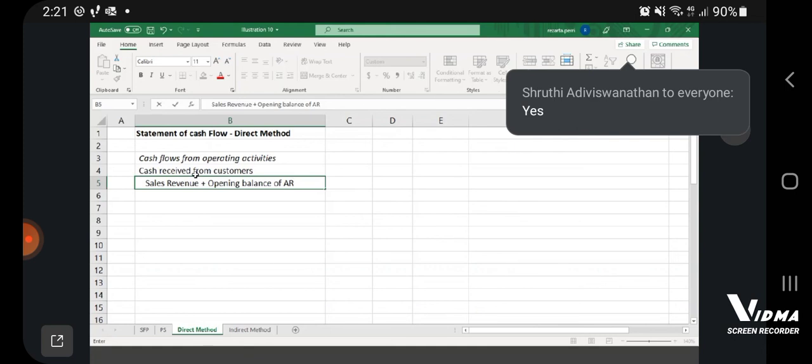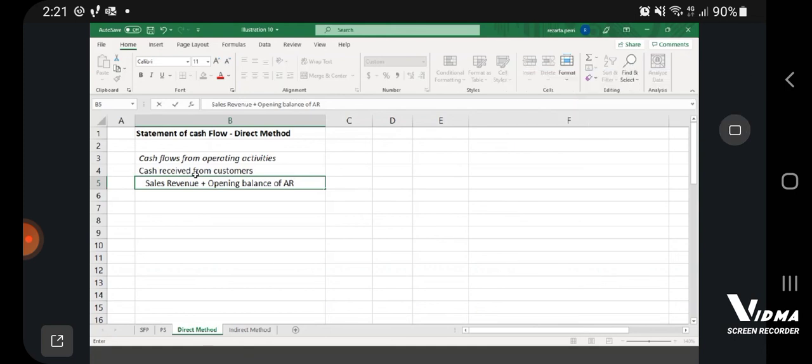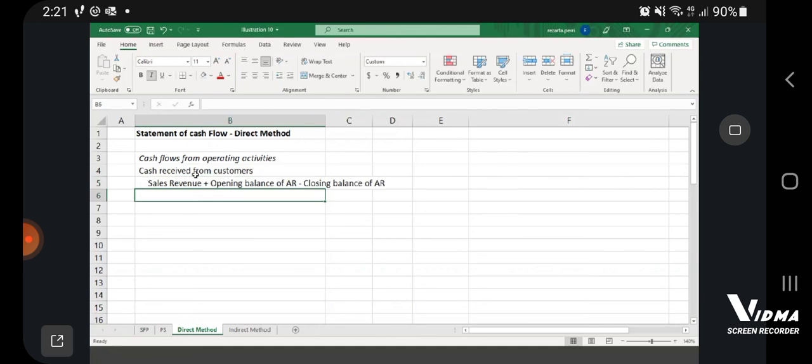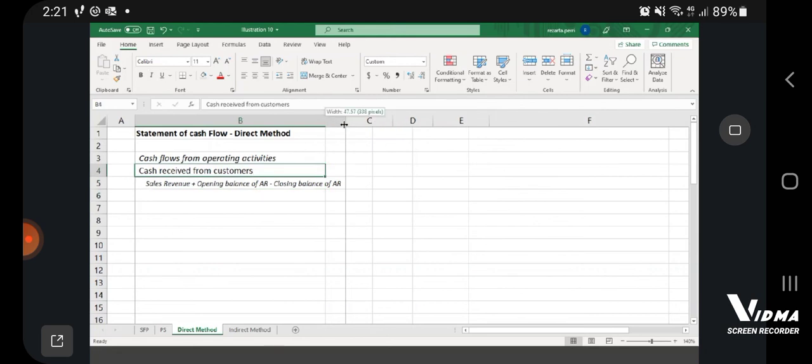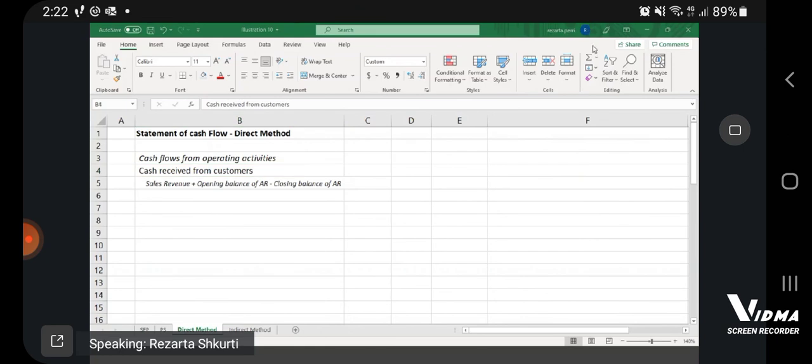So plus opening balance of account receivable less closing balance of account receivable. So again, this is the formula that we are going to use in order to calculate the amount of cash received from customers. Okay, any questions so far?